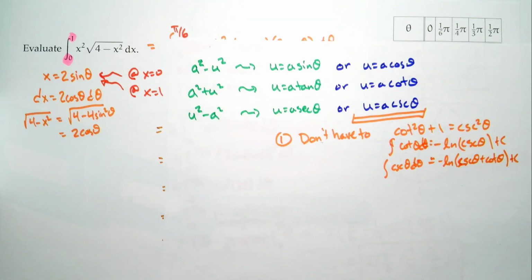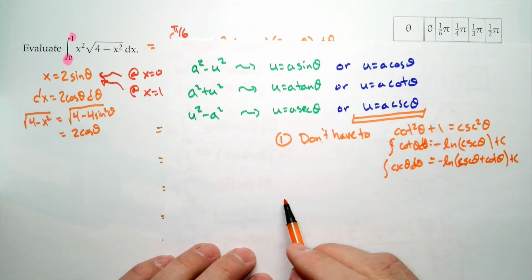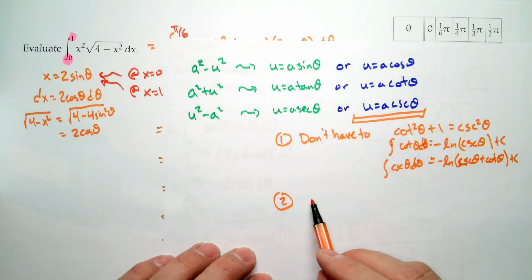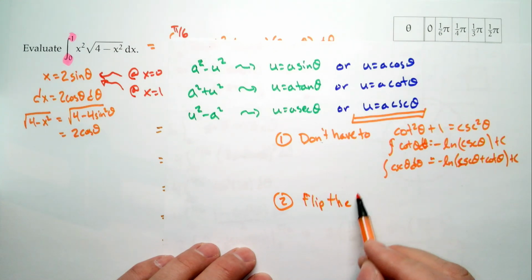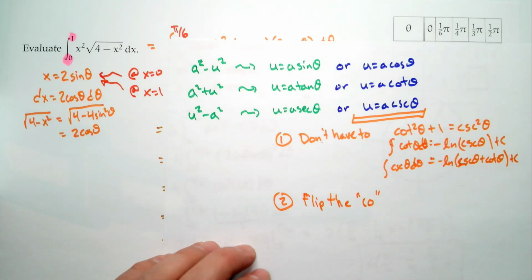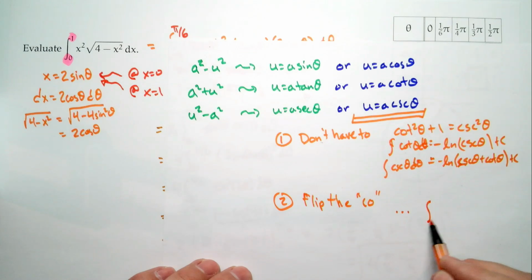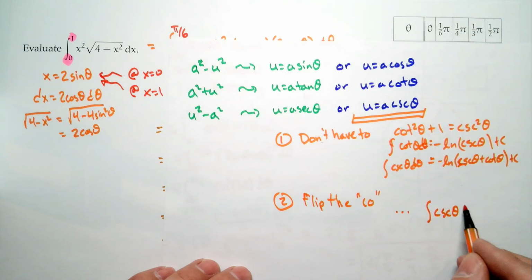But here's the real answer about when we do it. See, if we swap, essentially we flip the co. That's what it is. So if you made a substitution and you get to a certain point and you say, dot, dot, dot, and eventually like, oh, I have to integrate cosecant. I don't like cosecant.